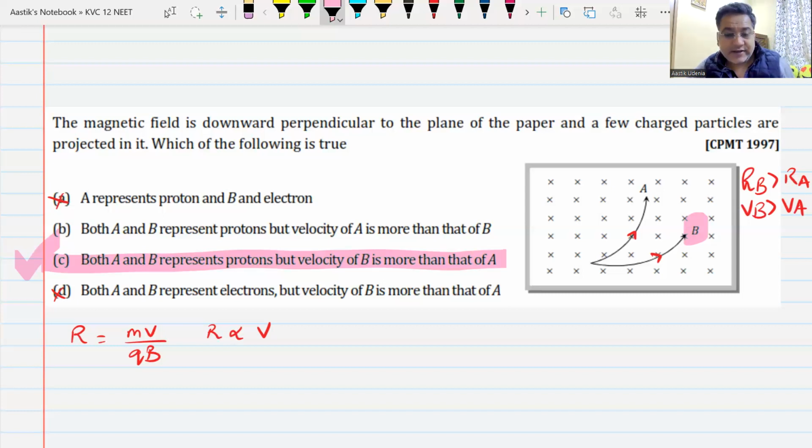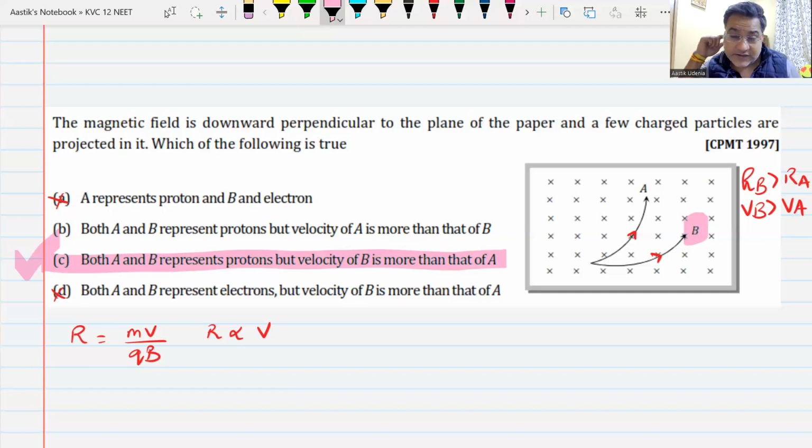The interesting case, on which 99.9% of the questions are going to come, is the case where the magnetic field B and velocity V are perpendicular to each other. In that case, the force is maximum, keeps on changing in direction but not in magnitude, and the particle moves in a circular path. R is equal to mv by qB.